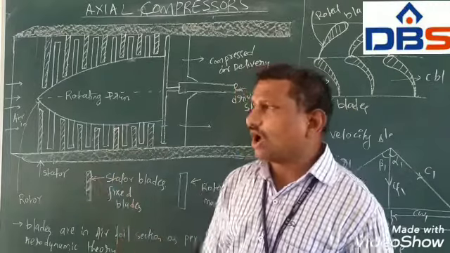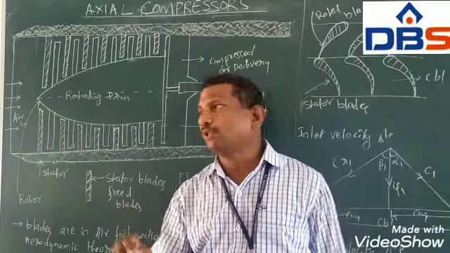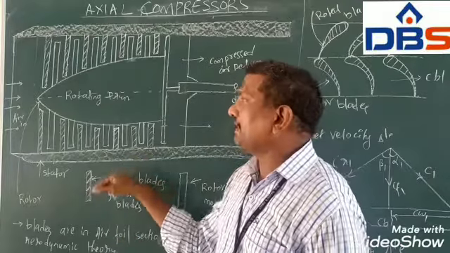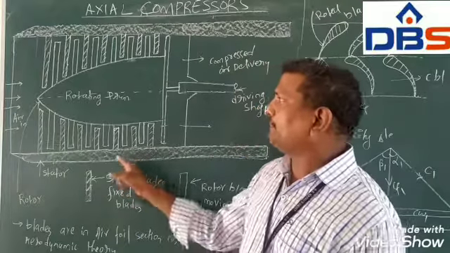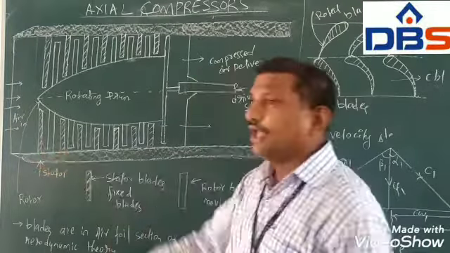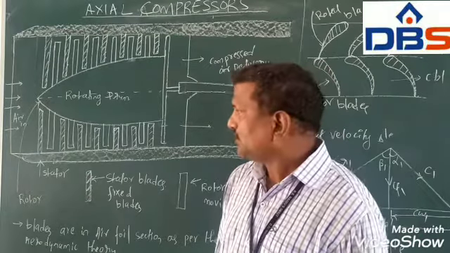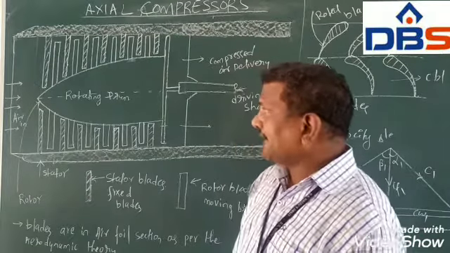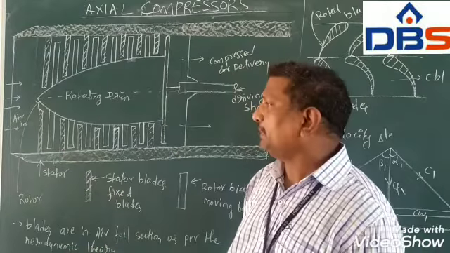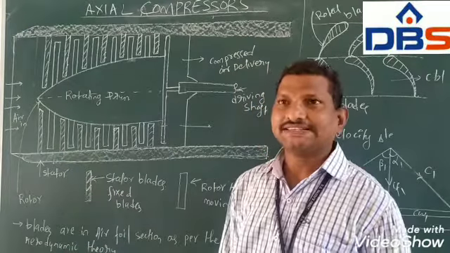Losses due to shock and losses due to turbulence must be minimized. They can be minimized by having an aerofoil section supported by aerodynamic theory, and these blades are free from stalling.